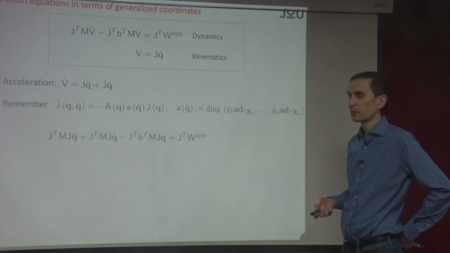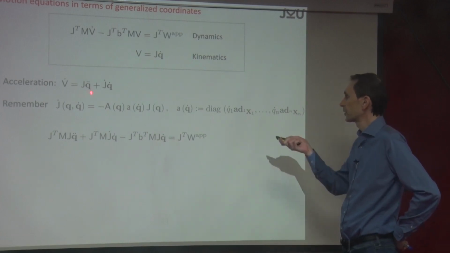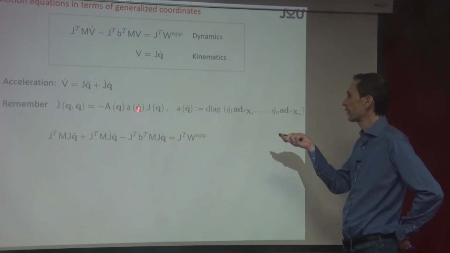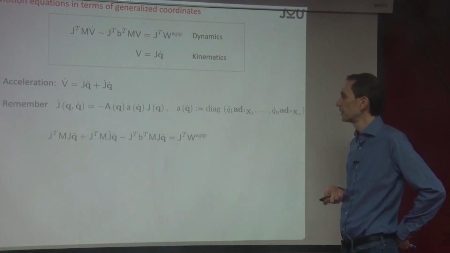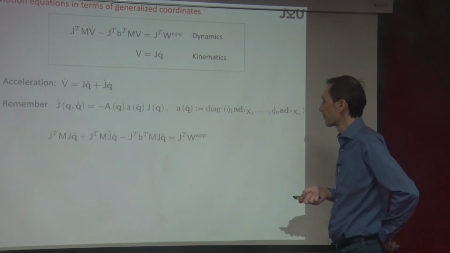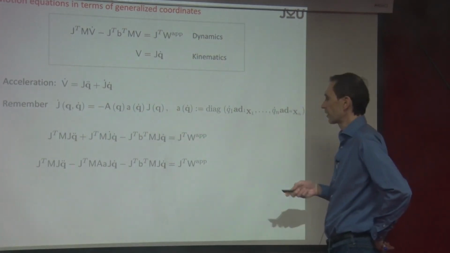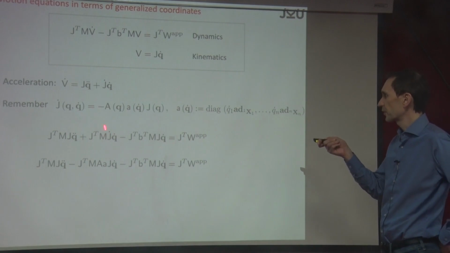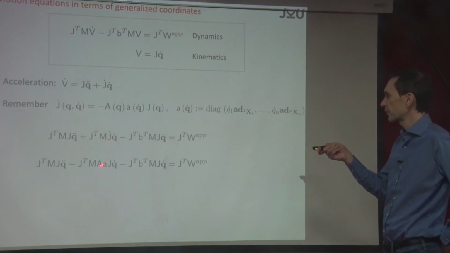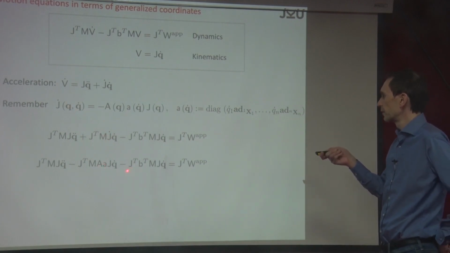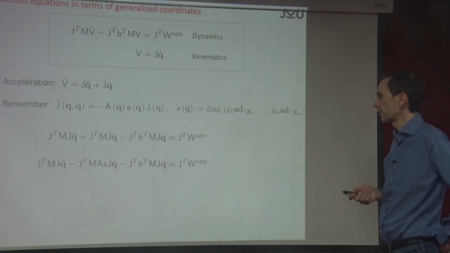And remember, we have the explicit form for J dot. That was minus capital A little a times J. That's what we had, and these matrices are very simple. You saw them. Now introducing this in here, J dot equal to this, you get minus AA, and that's it. So, very nice.